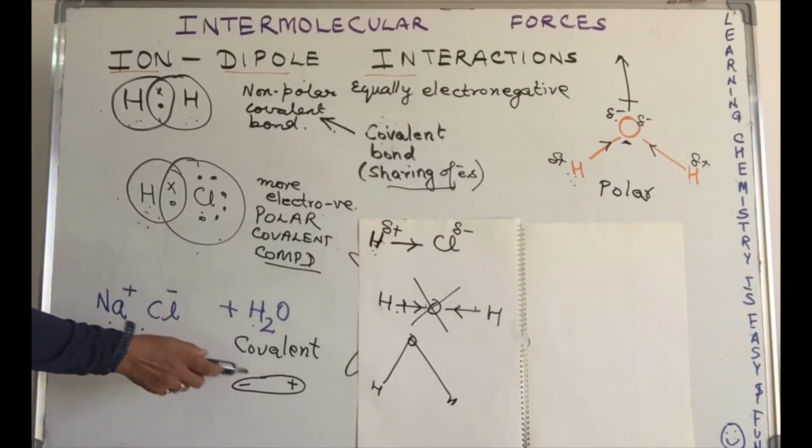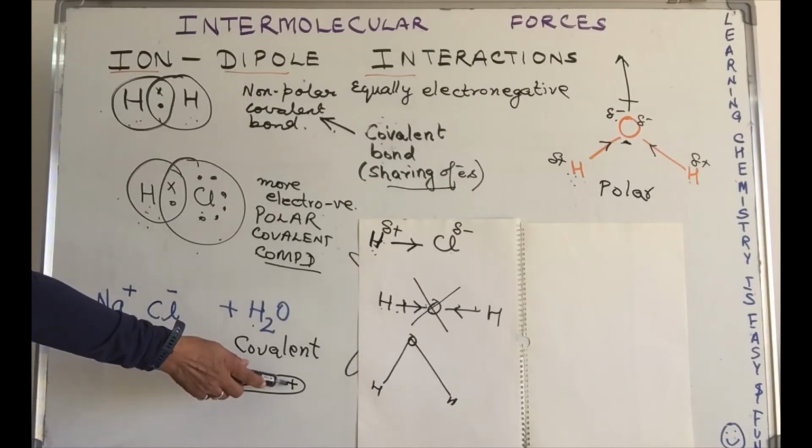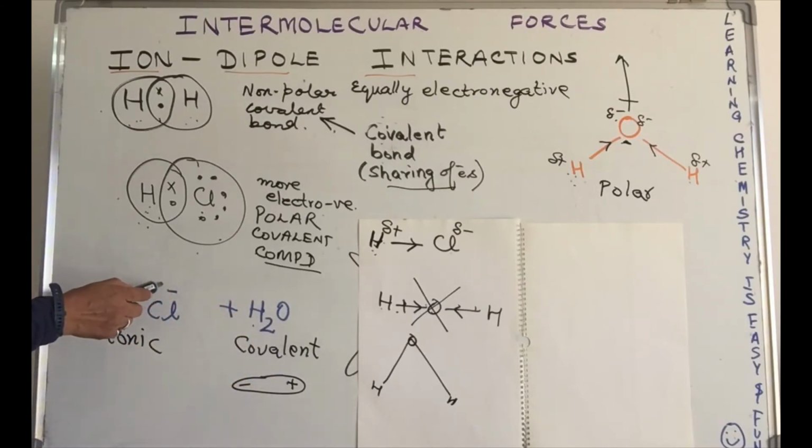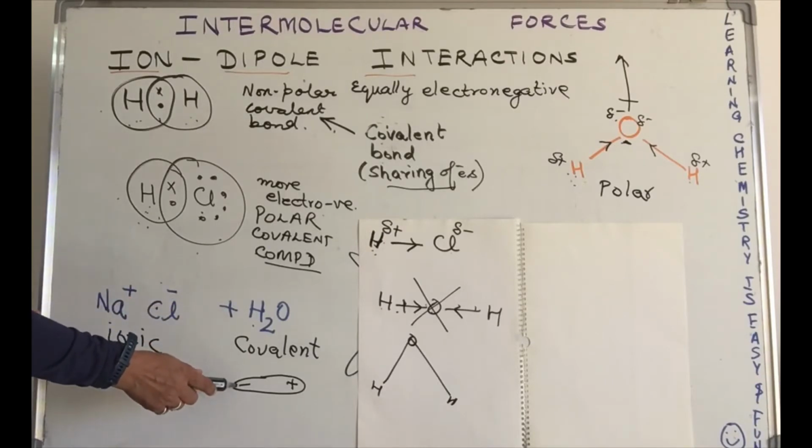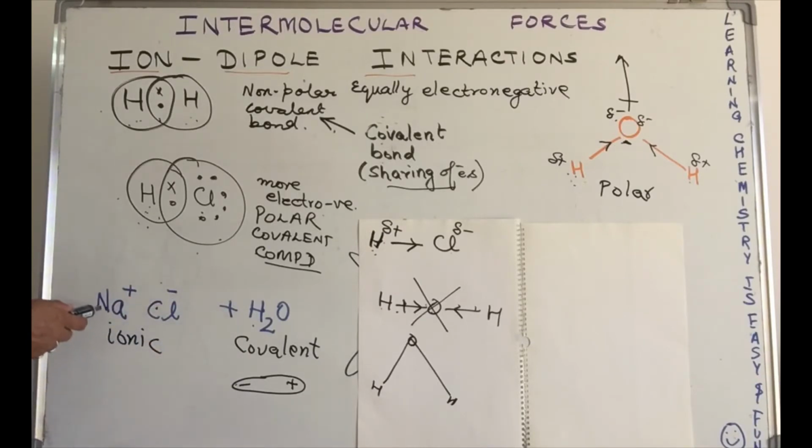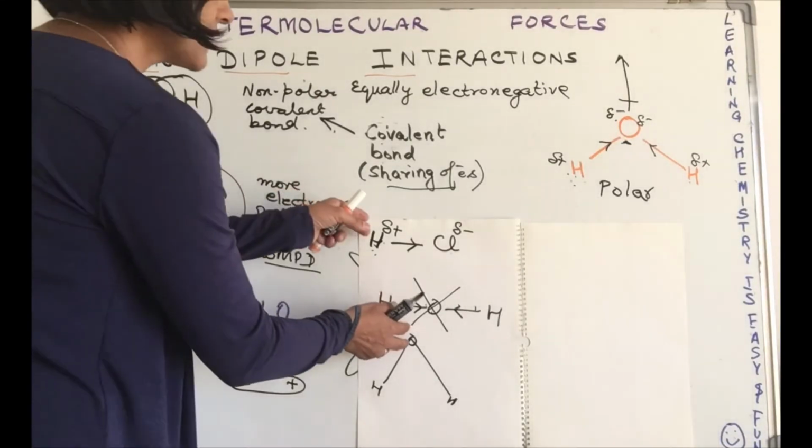The positive end of the water molecule can pull at the negative ions of the sodium chloride structure, whereas the negative end of the water molecule can pull the positive ions in sodium chloride. So what do we have here now? Let us see.